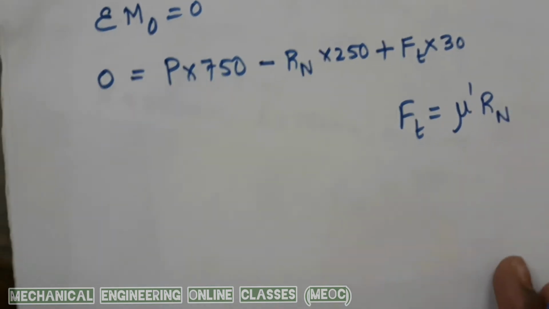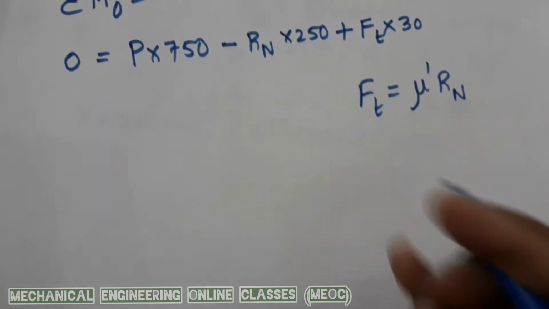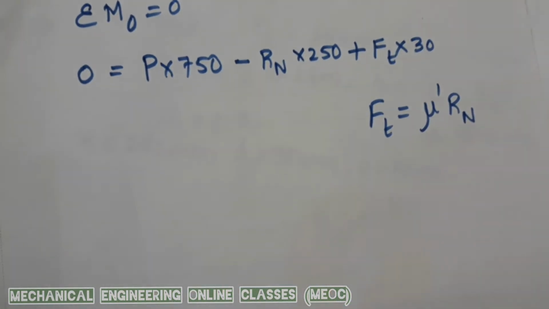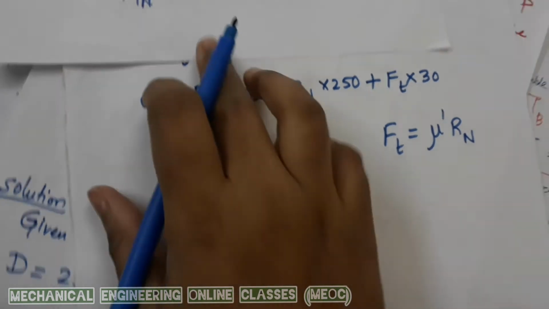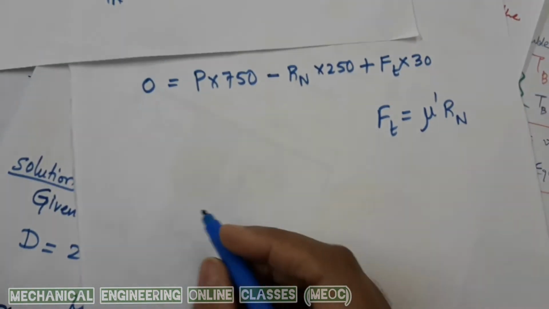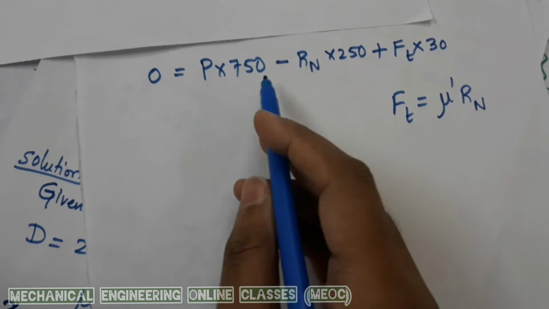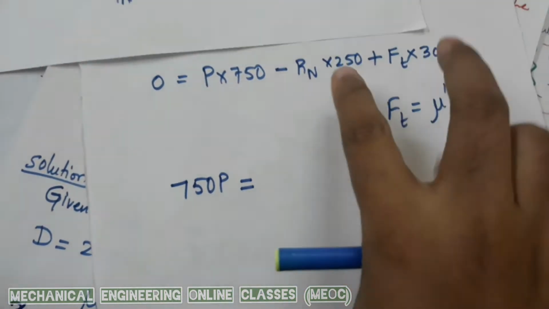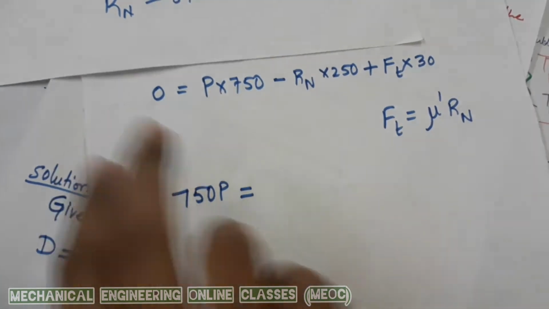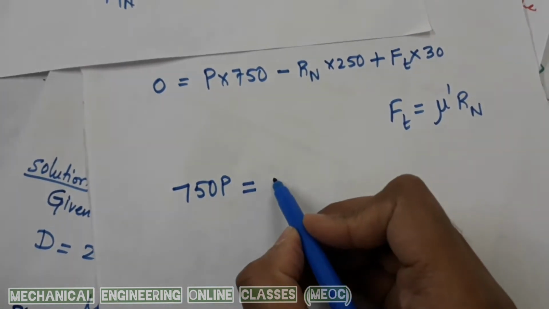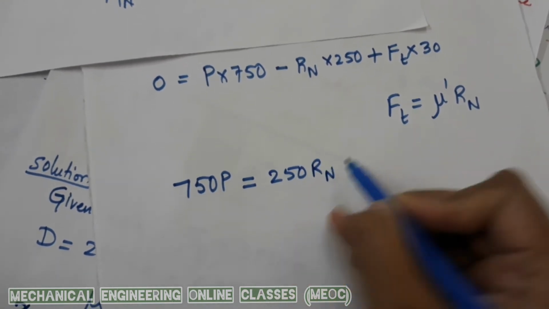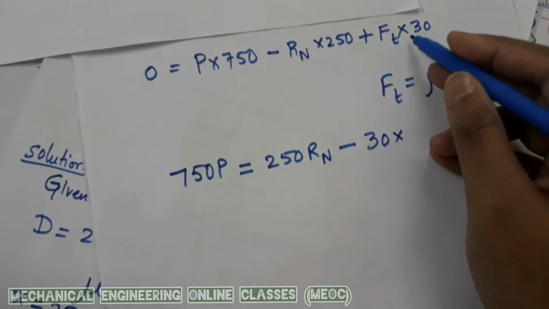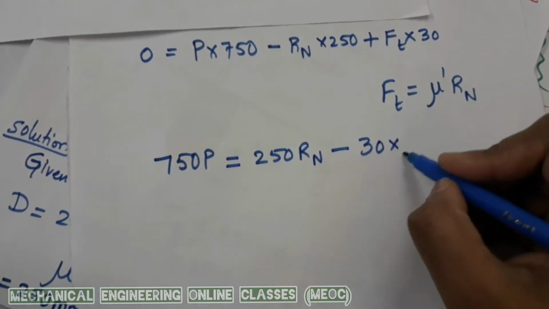So in place of Ft, I will write mu dash Rn. Rn we have just determined, and mu dash is also determined. So the only unknown in this equation is P. So let me substitute all the values and find P. So P into 750, which is 750P, this is equal to, I am sending these two terms onto the other side, Rn into 250 minus Ft into 30. 30 into Ft, in place of Ft I am using mu dash Rn.